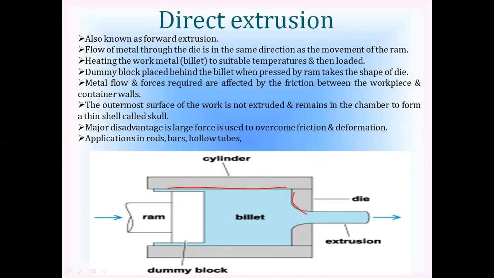So therefore, when it is a hot forming process, which is at higher temperatures, there are chances that when the material is being extruded, there is some formation of oxide scales on this material, which is reducing the quality of the product. So therefore, to avoid or reduce the friction developed between the container surface and the die surface, look at the dummy block which we are using in this extrusion process.